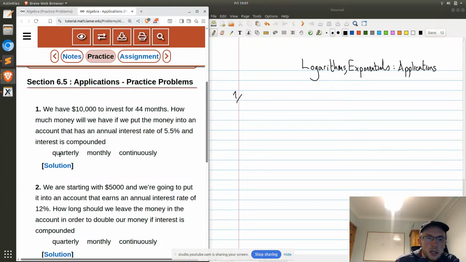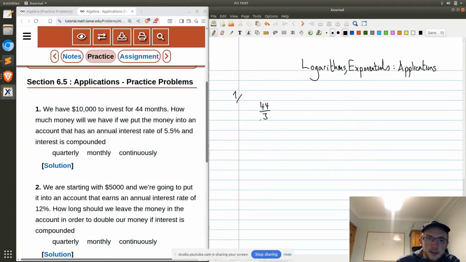All right, so quarterly, huh? That means every 3 months, right? So what's 44 divided by 3? The answer is 14. 14 quarters have passed.